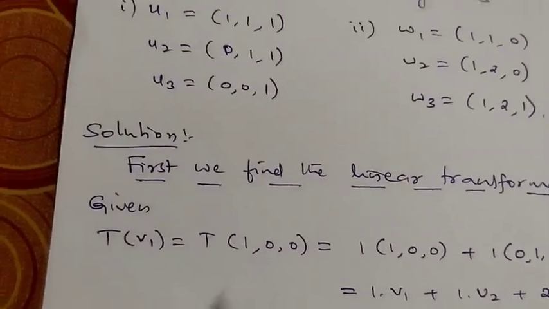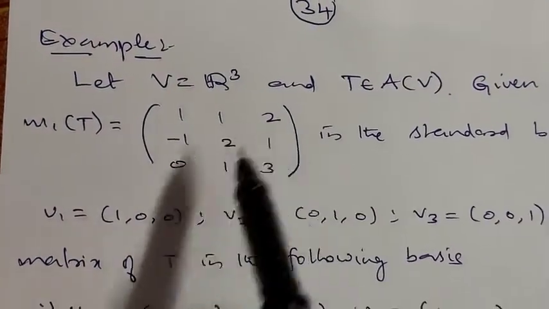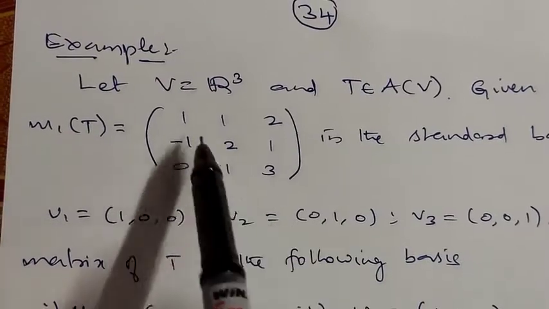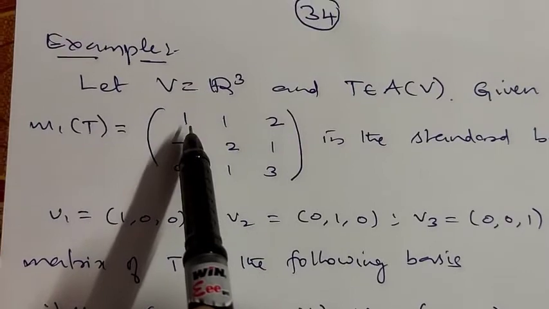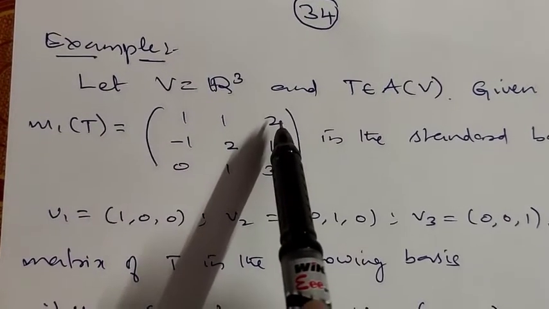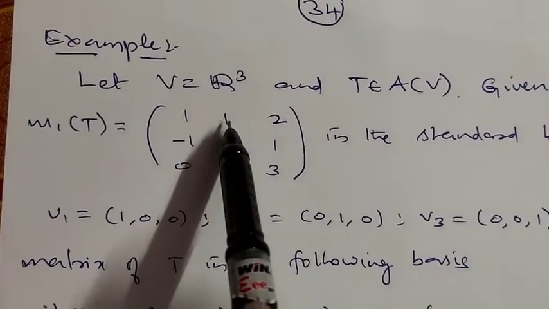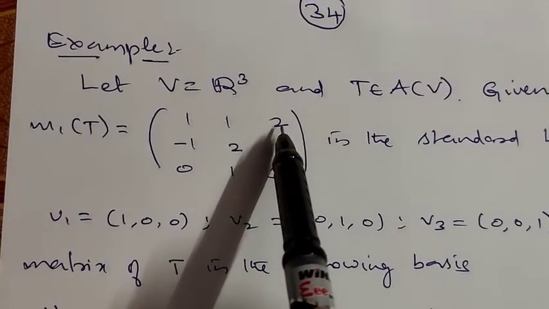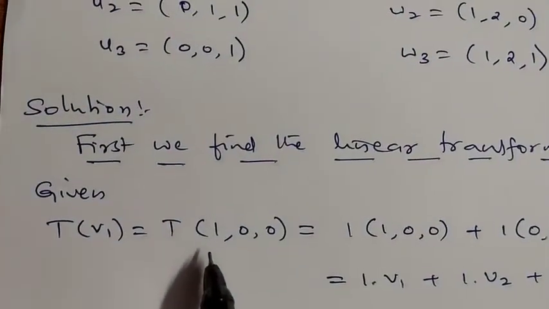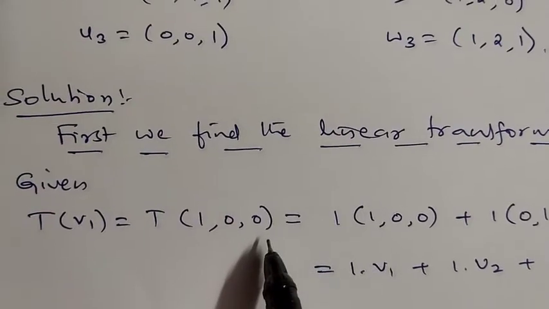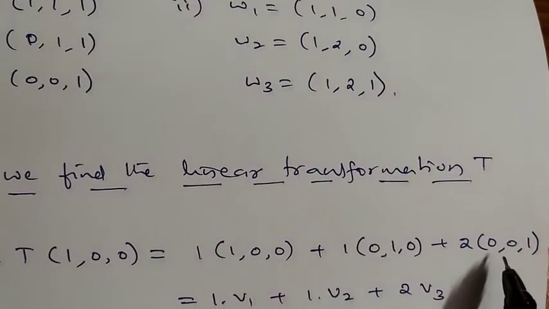We were given the matrix M1 of T, like 1 1 2. What does that mean in the standard basis? This is the row of coefficients alpha 1 1, alpha 1 2, alpha 1 3 in the standard expression. So T of V1 is equal to alpha 1 1 V1, alpha 1 2 V2, alpha 1 3 V3. According to that, T of V1 is T of 1 0 0, which can be written as a linear combination of basis elements.